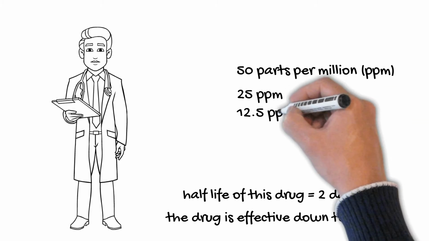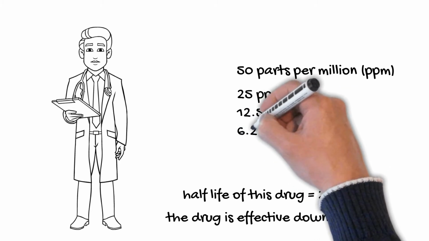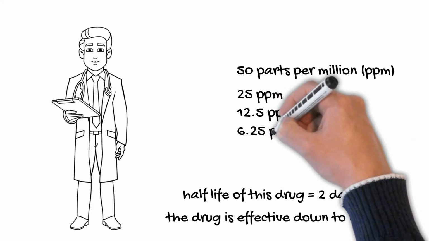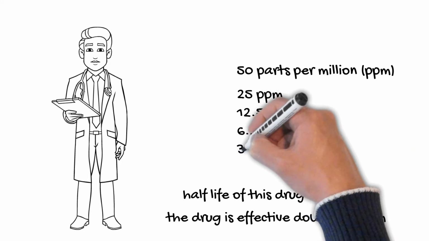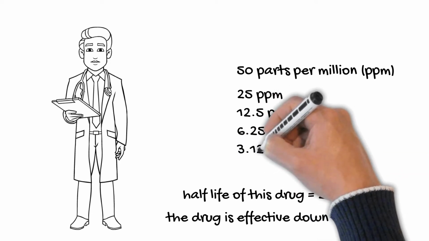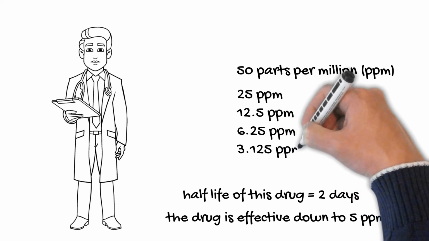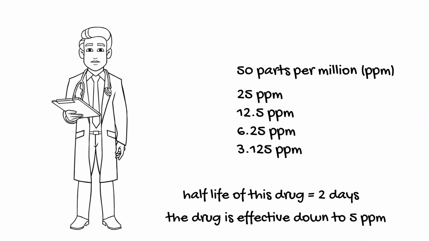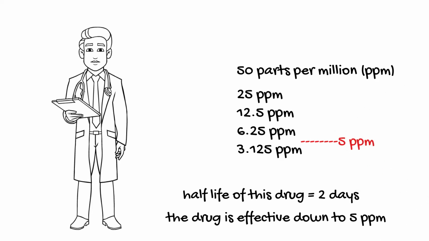That means after another 2 days, it's down to 6.25. And then after another 2 days, it's down to 3.125. And remember we said that 5 parts per million were effective. So essentially the impact of the drug is gone at this stage.